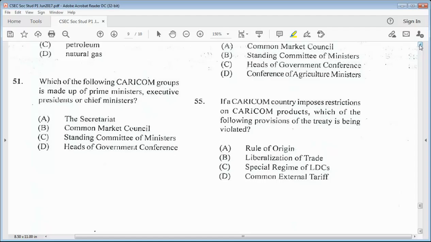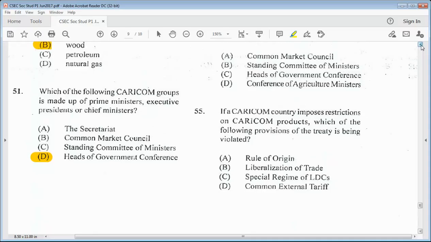C, Standing Committee of Ministers, or D, Heads of Government Conference. Once it is CARICOM groups made up of prime ministers, executive presidents or chief ministers, we know it is the Heads of Government Conference. So our answer would be D. That one is a giveaway.